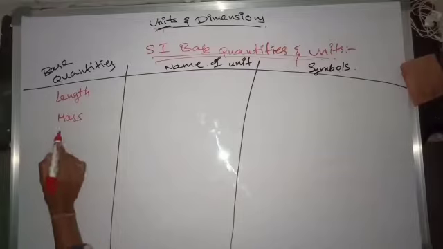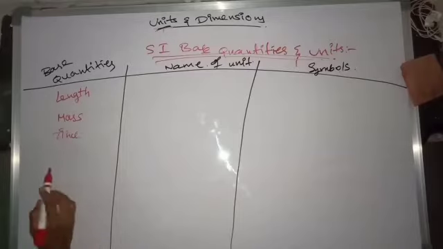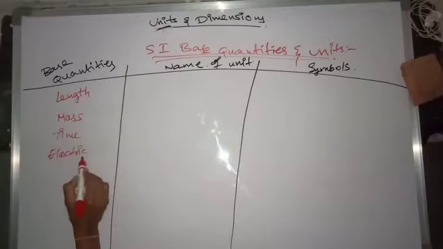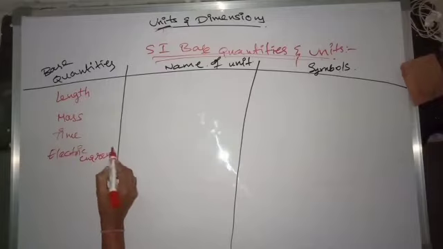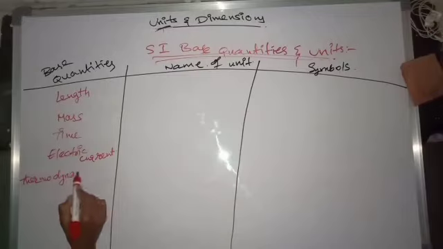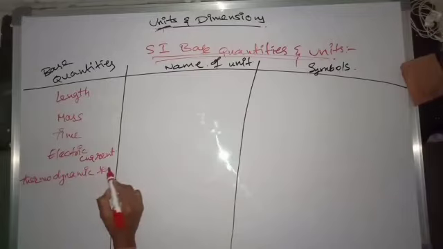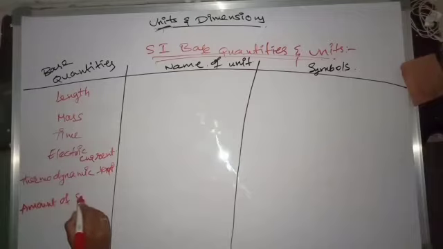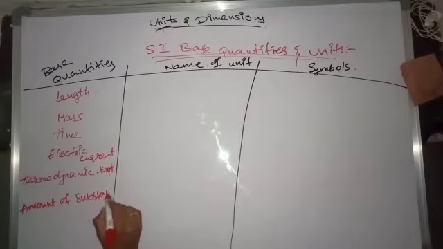Listen carefully, very important, tabular form. Time, electric current, thermodynamic temperature, and amount of substance, luminous intensity.